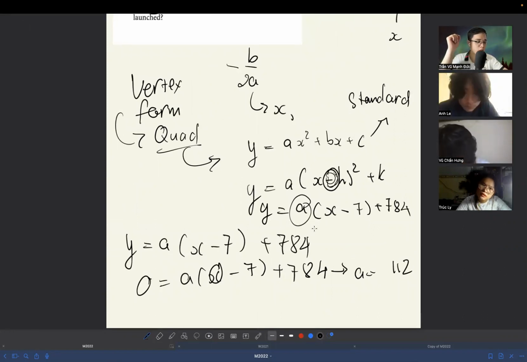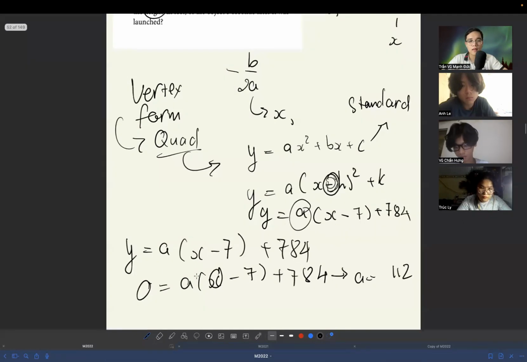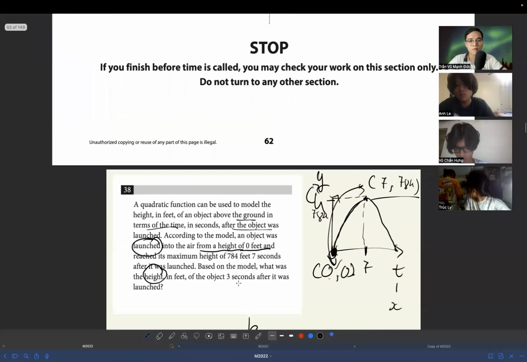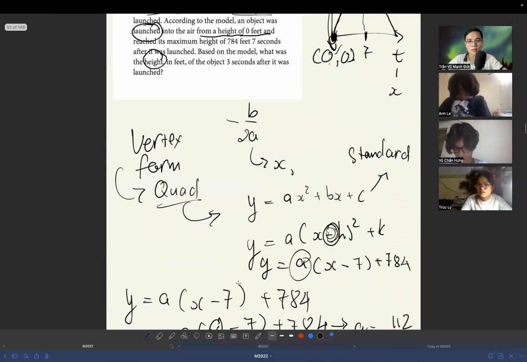Why am I getting a different answer from my past results? Hang on a sec. Let's see. A times x minus 7 plus 784. Starting from the point 0, 0, 7, 784. Let's see.